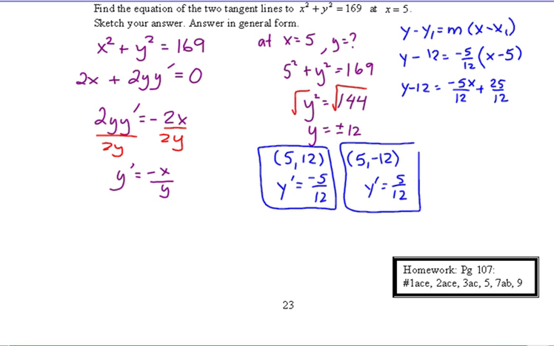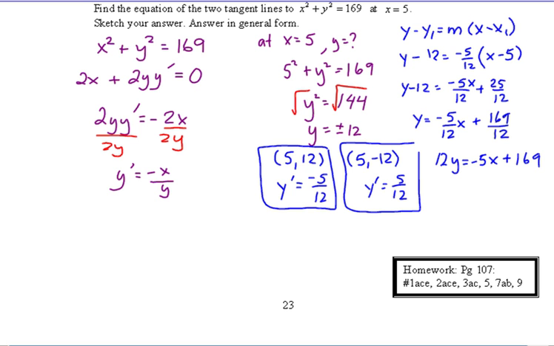We can times everything by 12 now, or we can add 12. Add 12? Okay. If you add 12, what do you get? Or add 144 plus 25 is 169? I know, it's crazy. Okay, times everything by 12. 12y equals negative 5x plus 169.